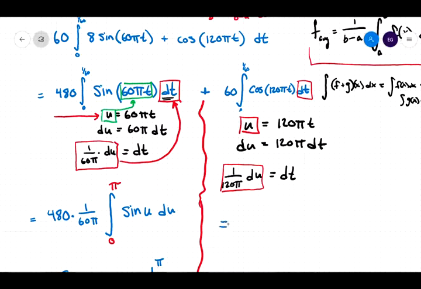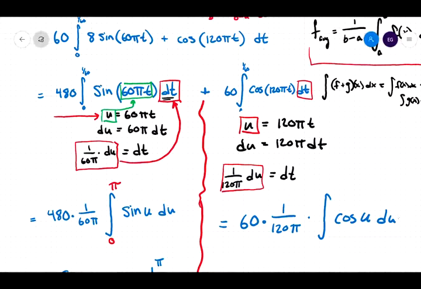We have 60 times, let's bring the 1 over 120 pi, that's a constant, so we'll bring that out front, 1 over 120 pi times the integral of cosine of u du.